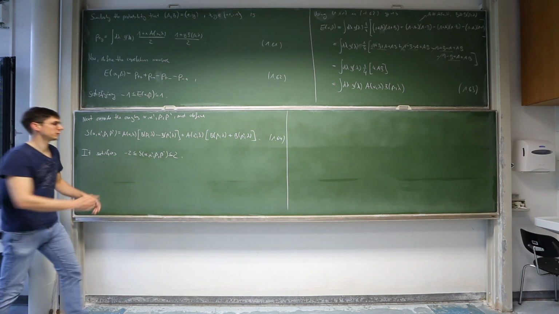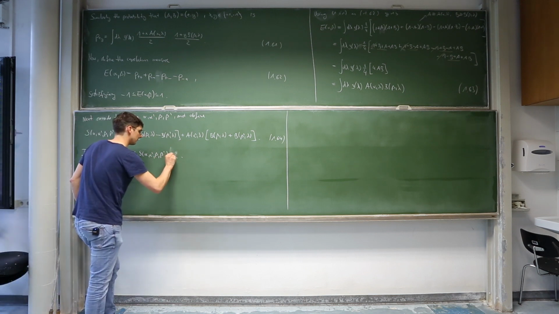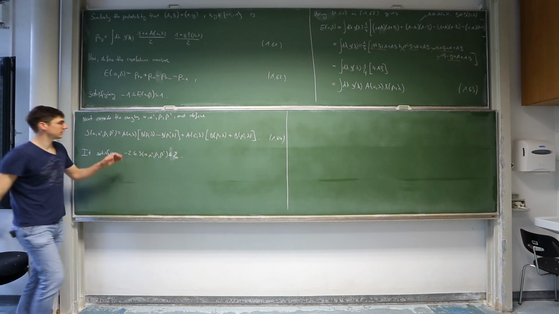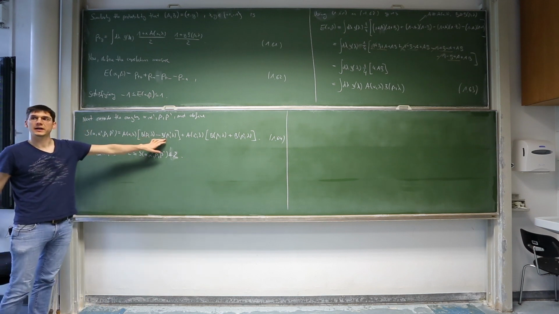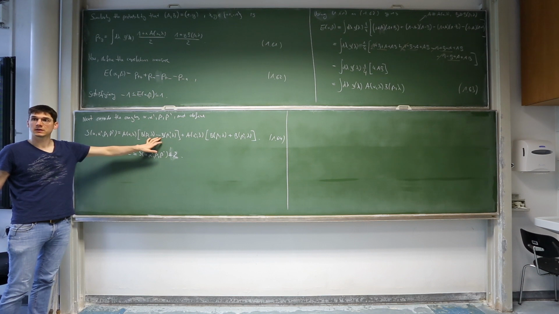Okay, how do we see this? We see it if B of beta and B of beta prime agree, so if they yield the same outcome. Remember, outcomes are either plus 1 or minus 1.